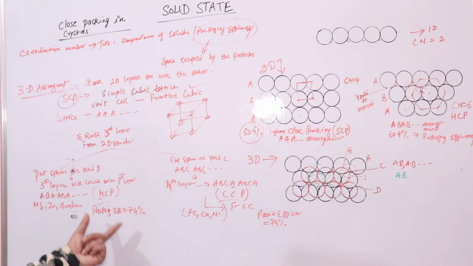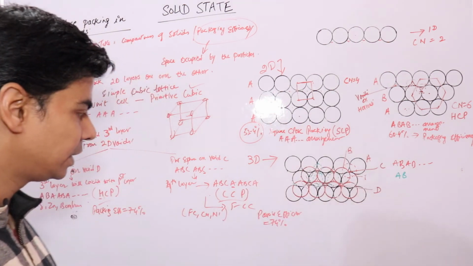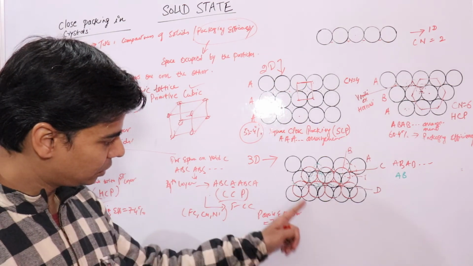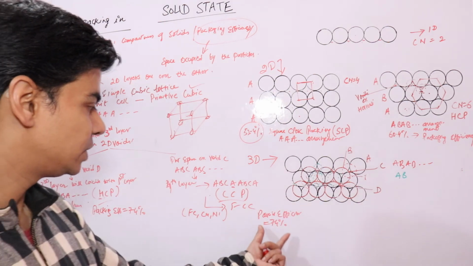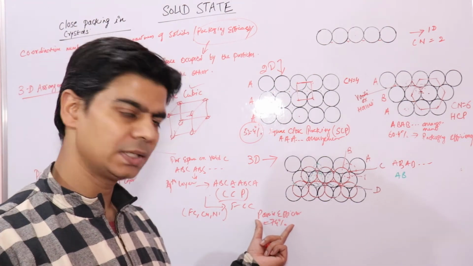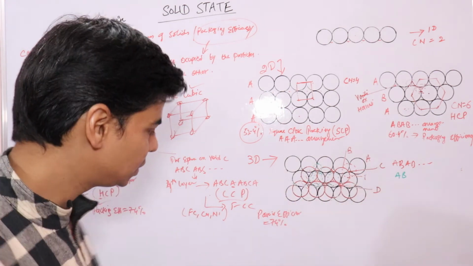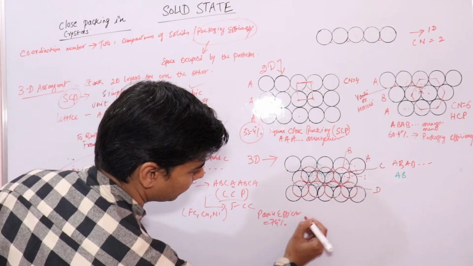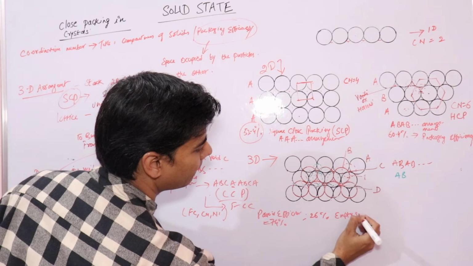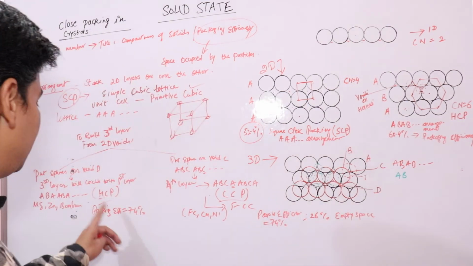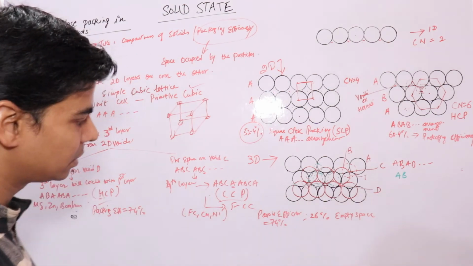So these are two arrangements, HCP and CCP. There is also a third kind of arrangement. When we said 74% is your packing efficiency, that means 74% of the space is occupied by these spheres, and the rest 26% is empty space. So here 26% is empty space with these HCP and CCP arrangements of particles.